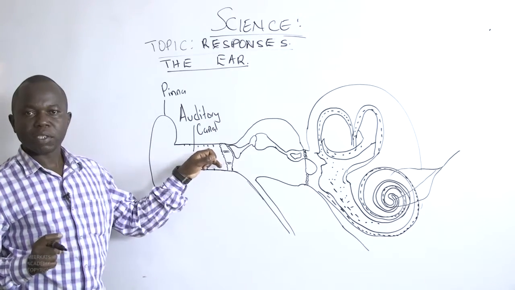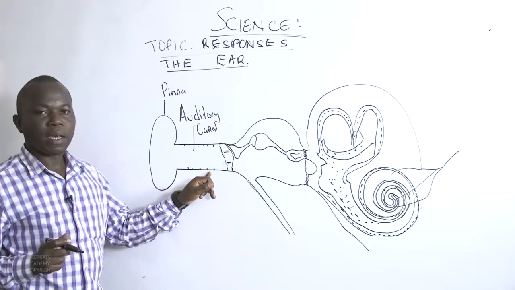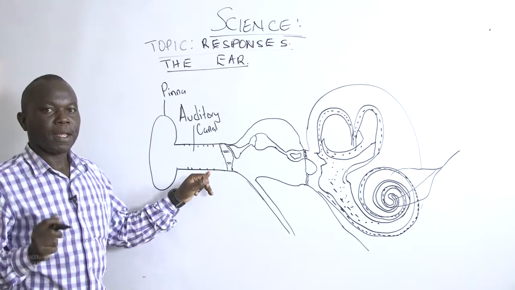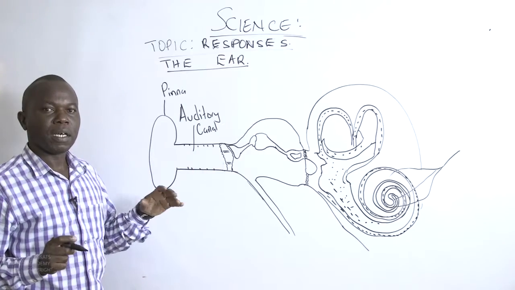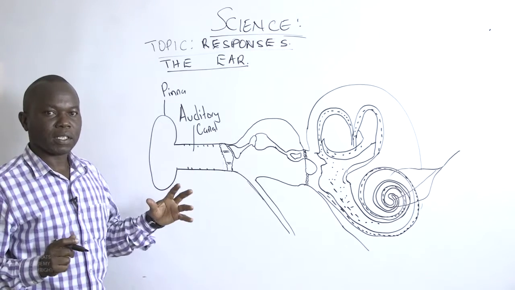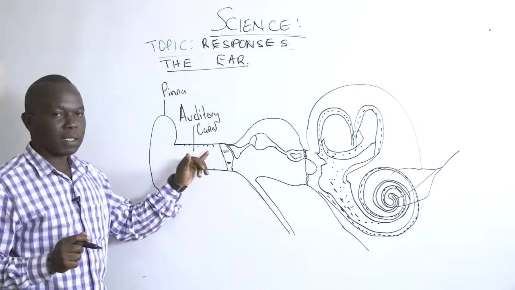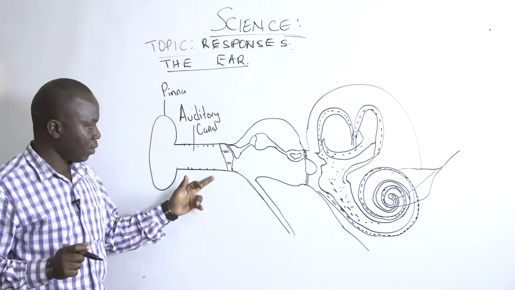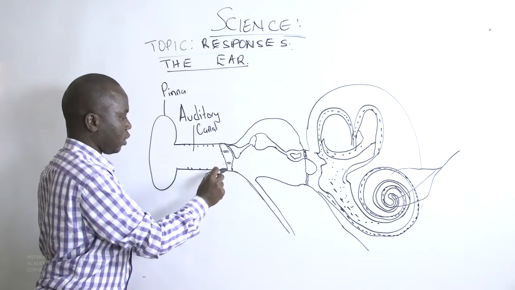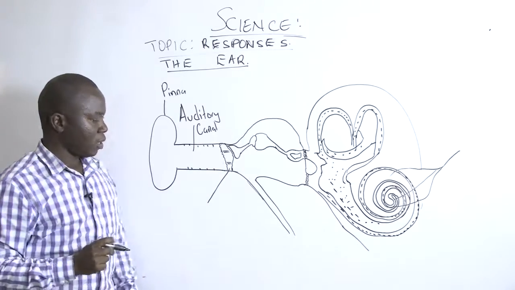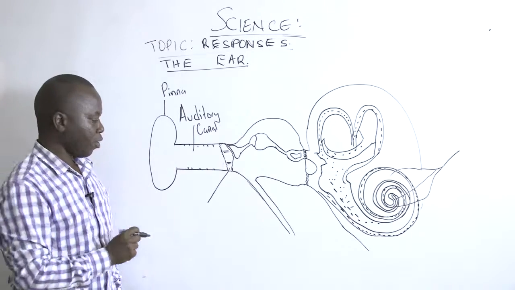But inside this auditory canal, we have some other structures like hairs. You're going to find out the role of hairs, and then wax secreting glands that are found here. Next to this is the tympanic membrane or eardrum.